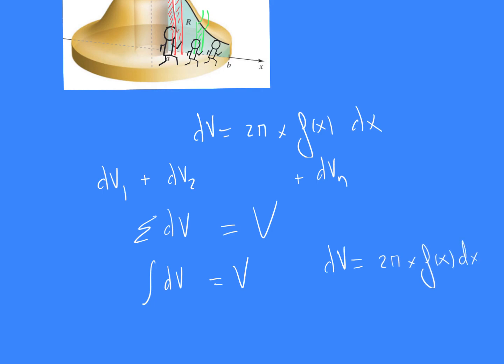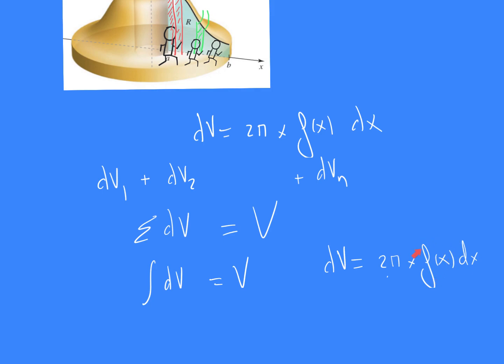And this is the equation that we will use. If you do the same for rotation of the figure through the x-axis, you will find an equation that says 2 pi y, 2 pi y f of y dy.